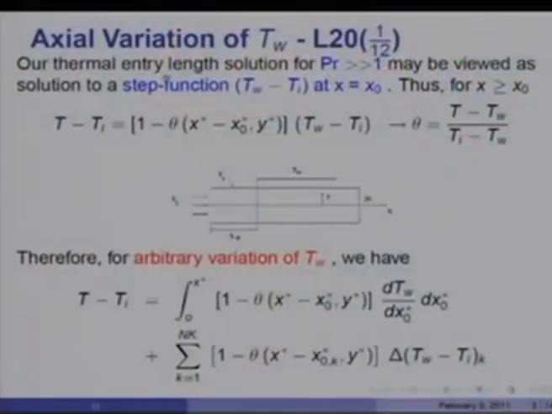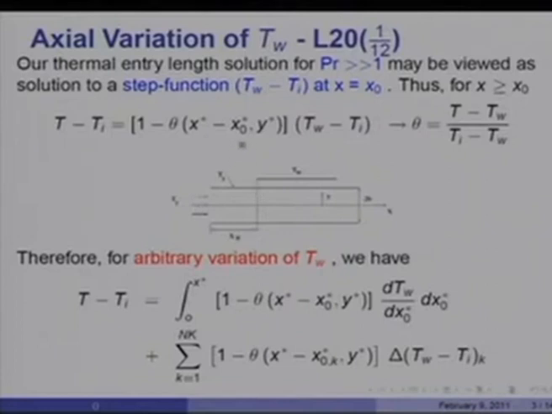So, for example, let us consider the solution that we had obtained for Prandtl number very greater than 1. Now, that solution was obtained for T equal to T w from x equal to 0, but today I am going to consider the case of heat transfer beginning from x equal to x naught. Before that, the wall temperature is same as the inlet fluid temperature.